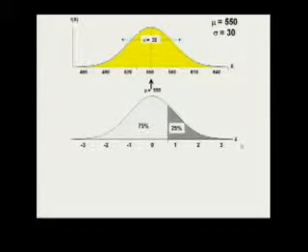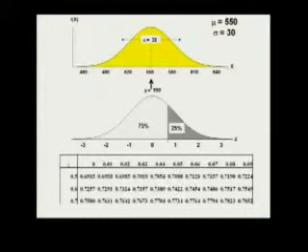Here is a standard normal table, and here is a rough sketch of the 25% to the right, because that's the top 25%, meaning the area to the left is 75%. Now we have an area and we need the corresponding z value. We go to the table. We are not going to look for the right area because that's not the area given by the table. We're going to look at the left area, which is 0.75.